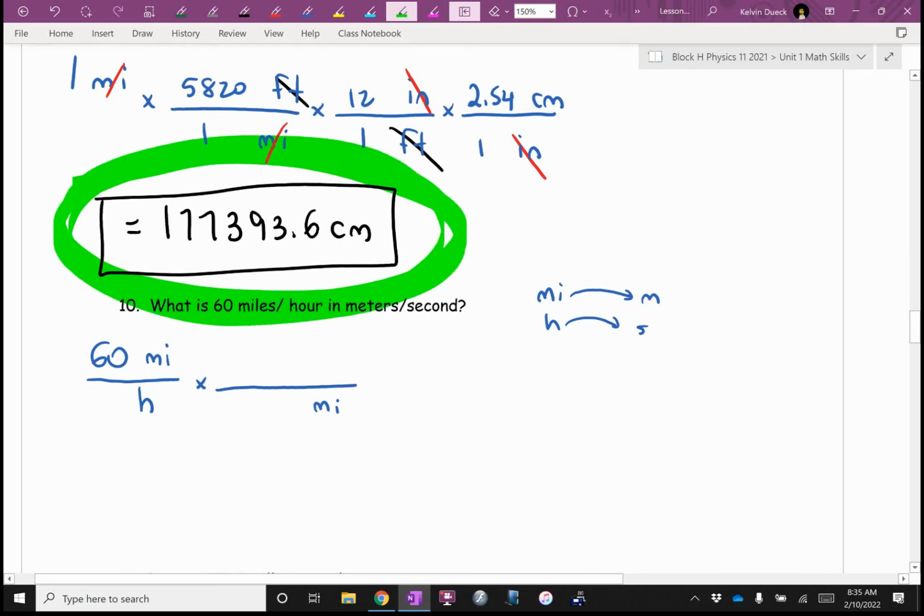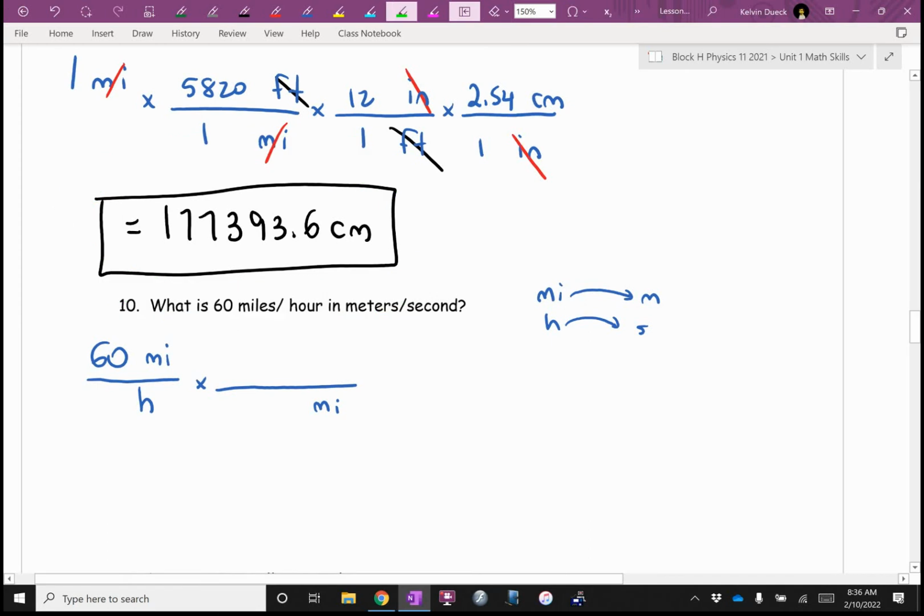And if I go to centimeters, can I go from centimeters to meters? I'm going to do that. I'm always going to keep my eyes open and say, hey, can I use something that I just found out to save myself some work? So I'm going to go centimeters, and apparently it's 177,393.6 of those is one of those.